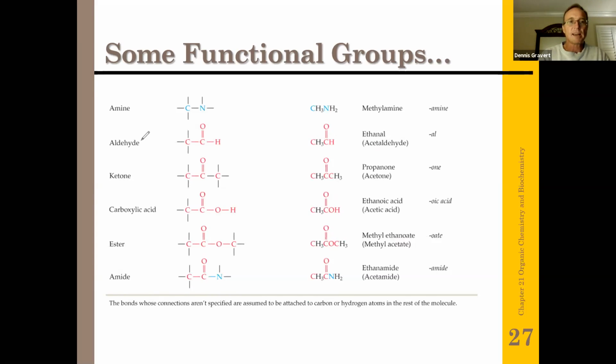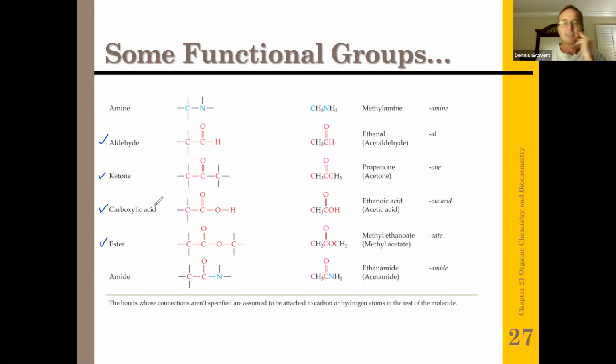We'll need the aldehyde, the ketone, and the carboxylic acid and the ester. Aldehydes and ketones, really important. They're found in carbohydrates. Glucose blood sugar has an aldehyde in it. Also has a lot of alkyl groups in it. If you've heard of high fructose corn syrup, that has a ketone in it.